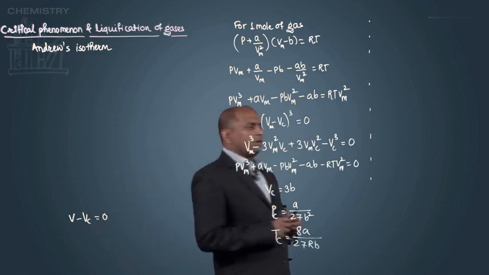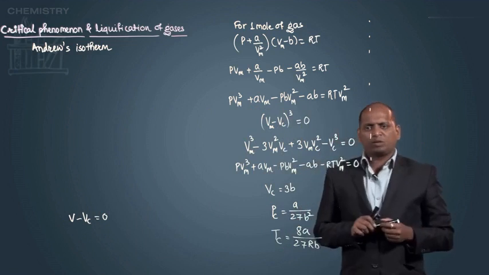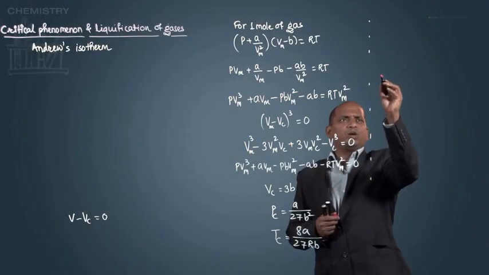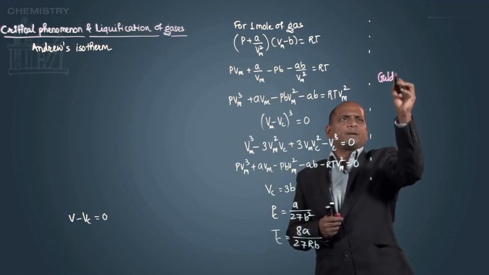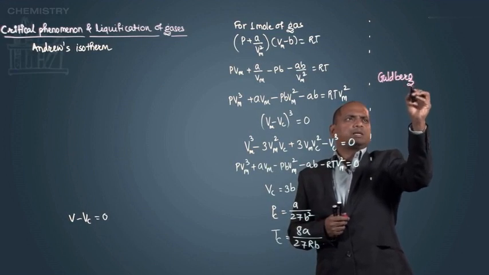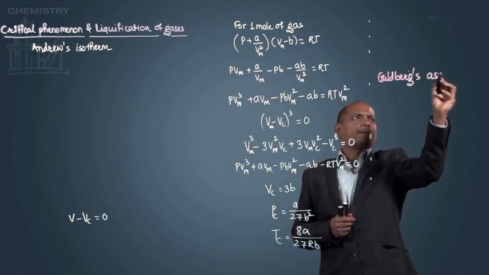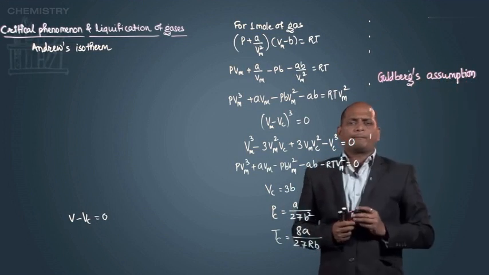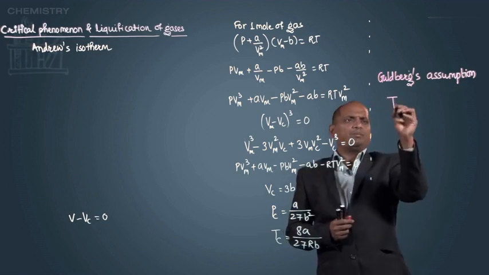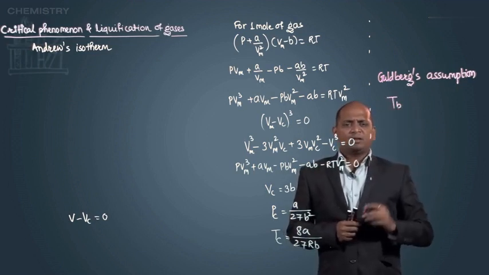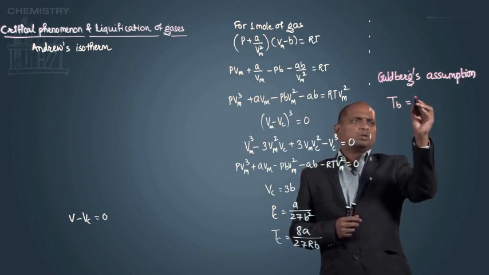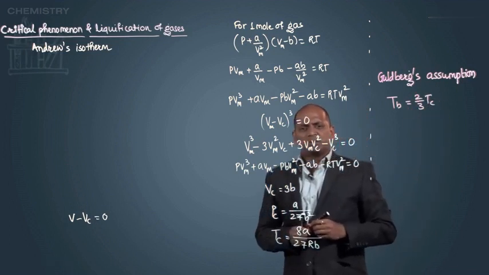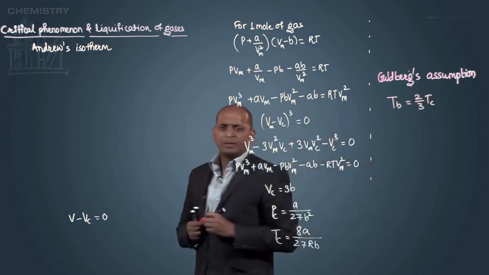There is one called Goldberg's assumption or Goldberg's law, and according to Goldberg's statement, the boiling point of a liquid is equal to 2/3 of the critical temperature. So, these things we have to remember.